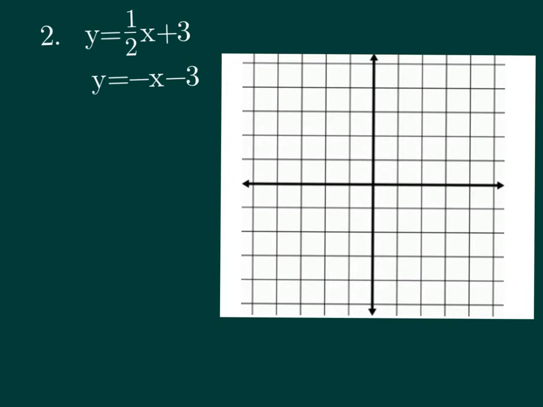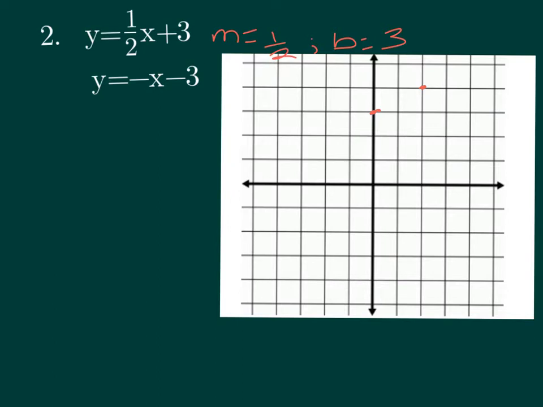All right, so our first one, our m is 1/2, and our b is 3. That's our y-intercept, remember? So we're just going to plot that. And we do our slope, up 1 over 2.